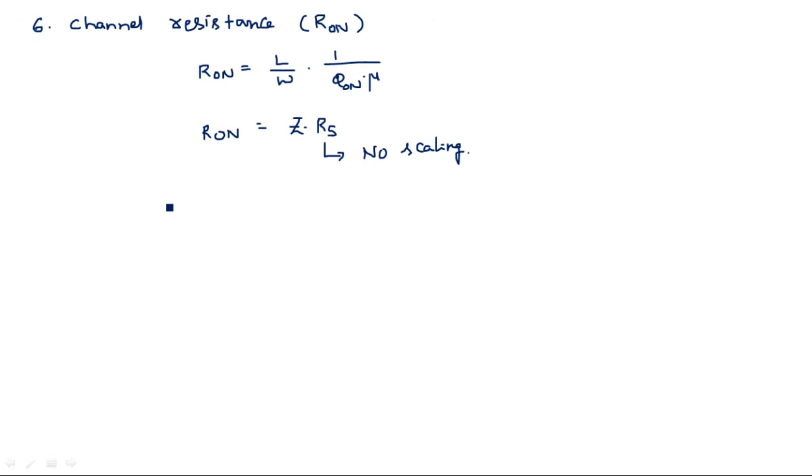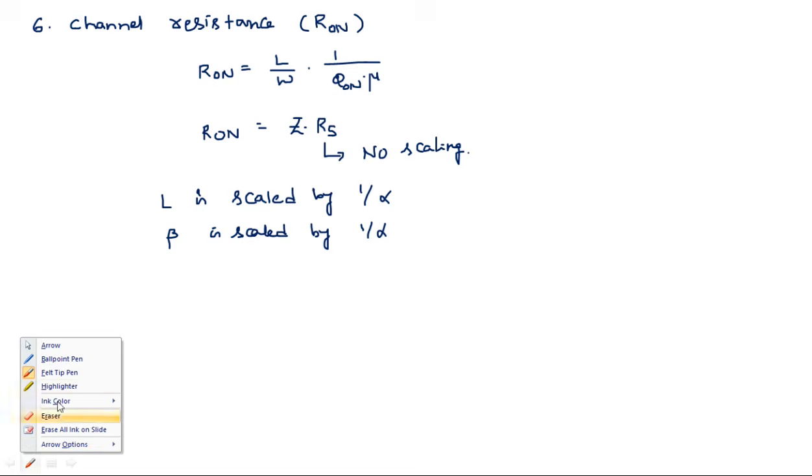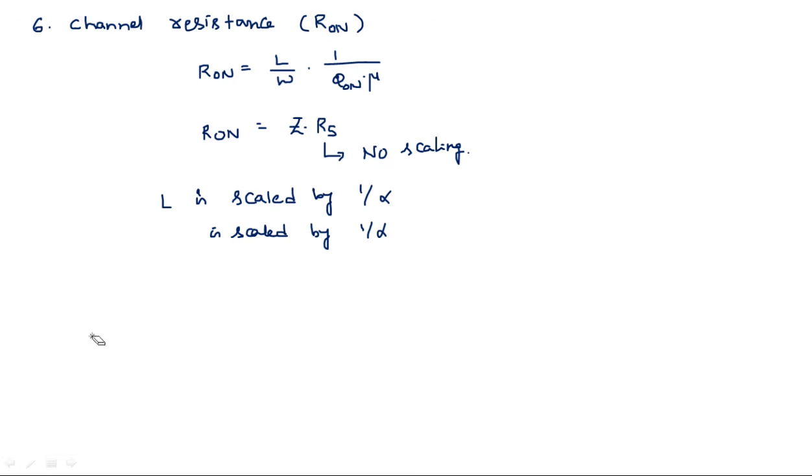Z we know, Z is equal to L by W. So L is scaled by 1 by alpha and W is also scaled by 1 by alpha. Then R on has no scaling factor. So we can write R on is scaled by unity.